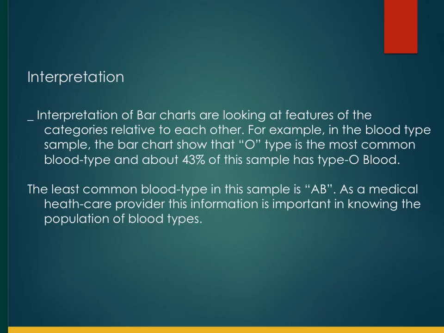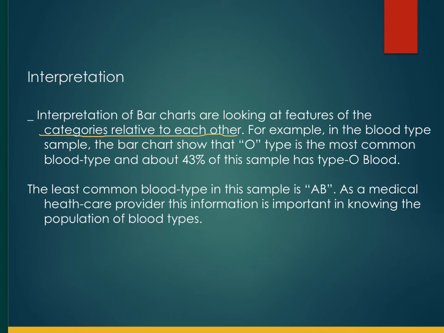Doing the statistics does not mean much of anything unless we're able to interpret the charts and the graphs, as well as the tables to go along with that. So to interpret bar charts, we look at the features of the categories relative to each other, and that's just looking at the bars relative to each other.